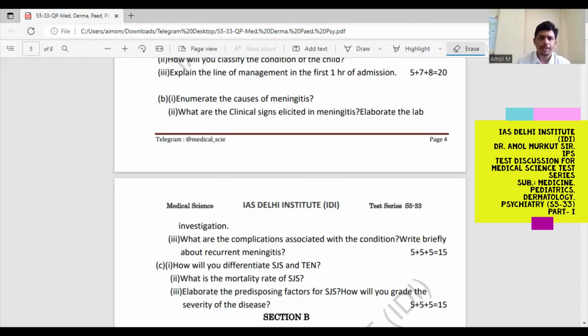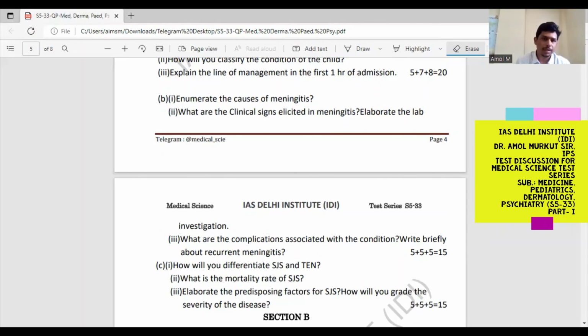Okay. And then there is projectile vomiting, headache. These come under the symptoms of meningitis. The most important is the neck rigidity. There are various signs: Kernig's sign, Brudzinski's sign. Okay, these are the most important signs of meningitis.